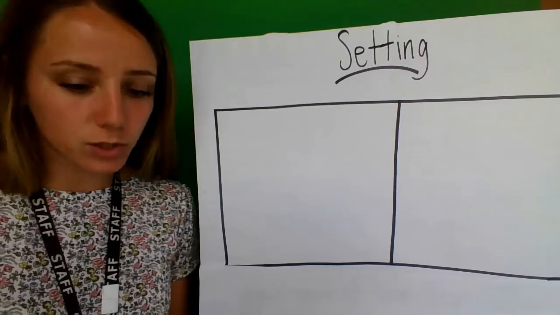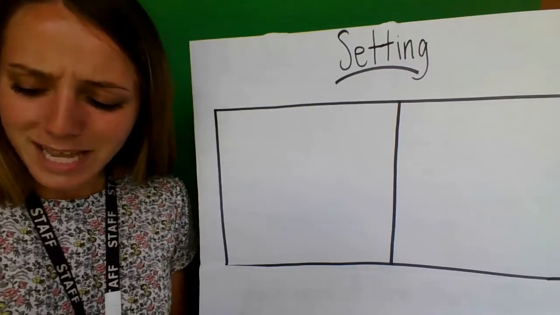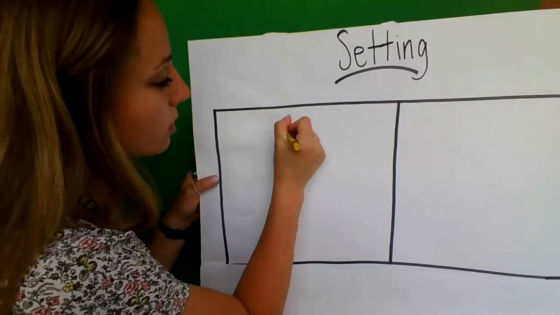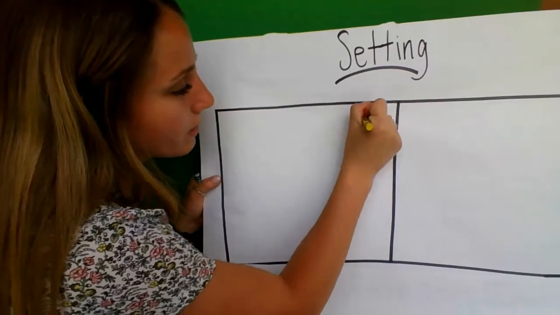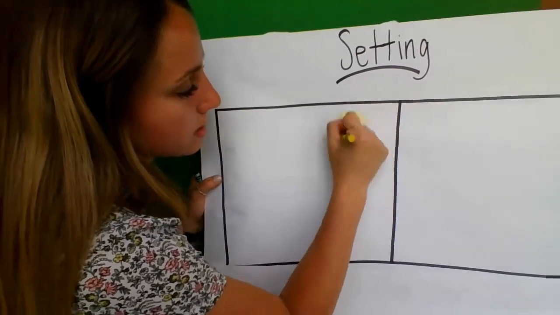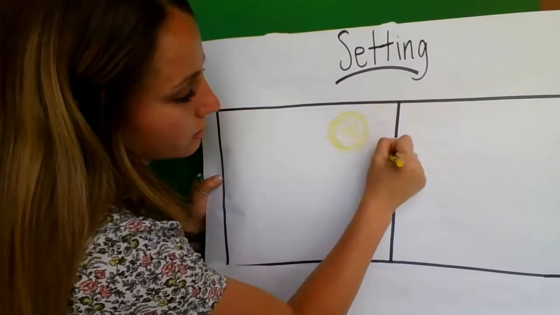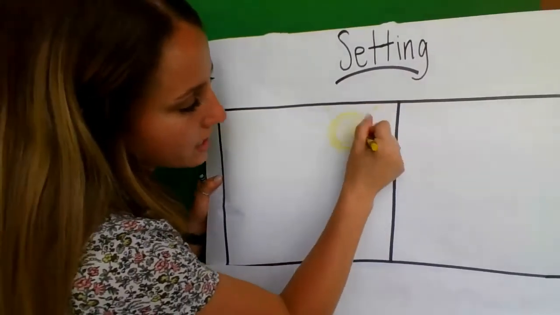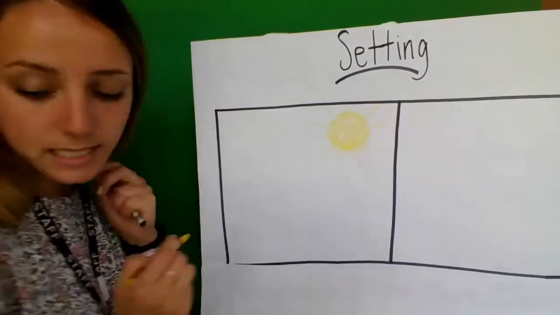What I am going to think of is the daytime. So I'm going to draw a big sun. I'm going to draw the rays. So I have the sun here. I know it's the daytime.